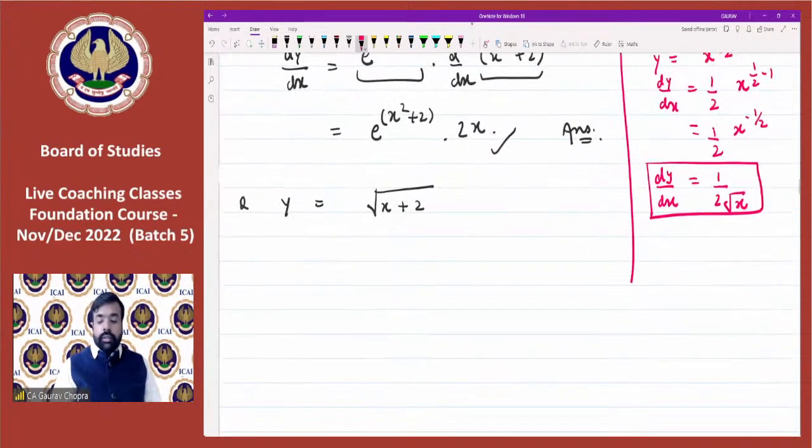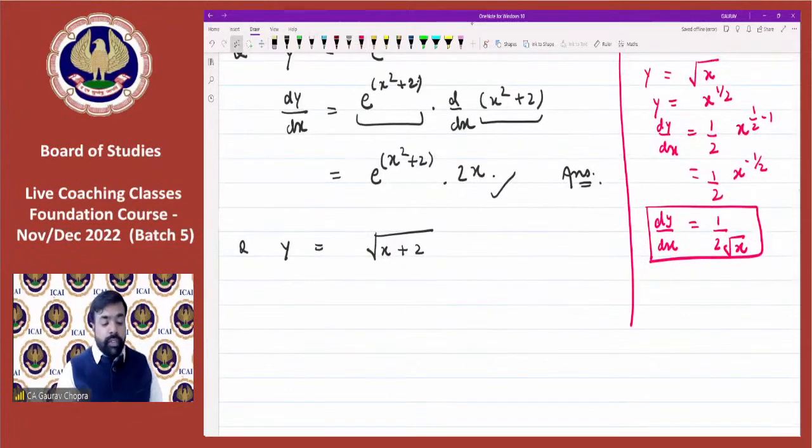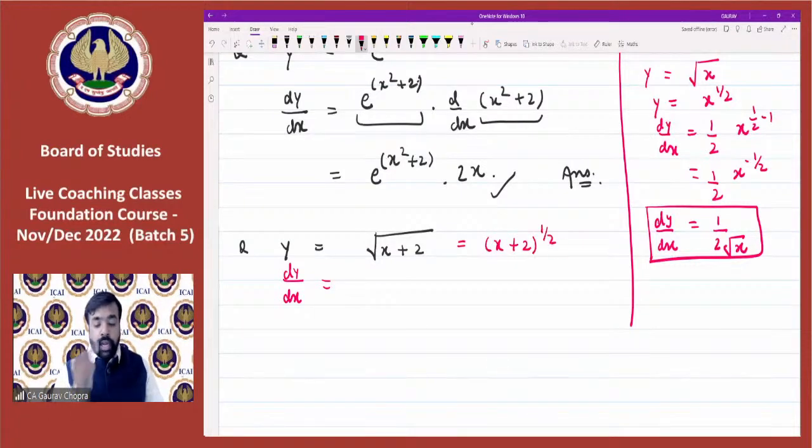Okay. So now similarly, if the question is this one, root of x plus 2, then what will happen? dy by dx is equal to, now the function is root of x plus 2, so we can write this as x plus 2 to the power of half. So we can apply the formula for x to the power of n.